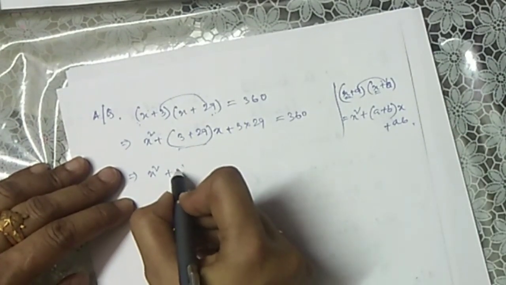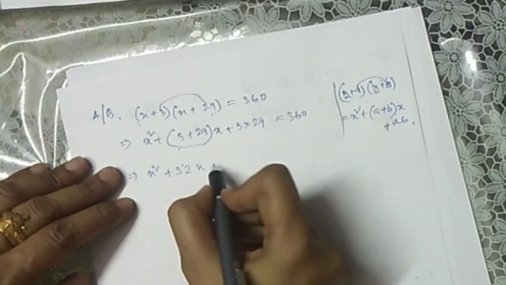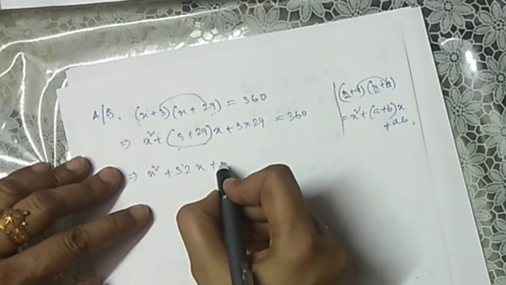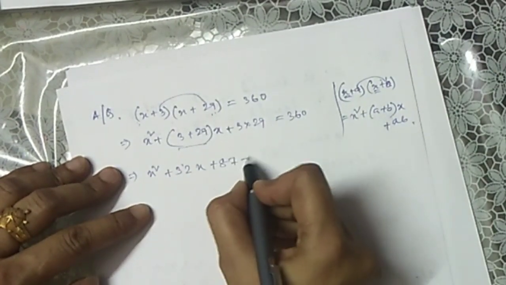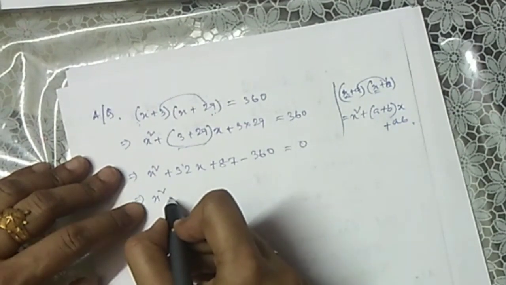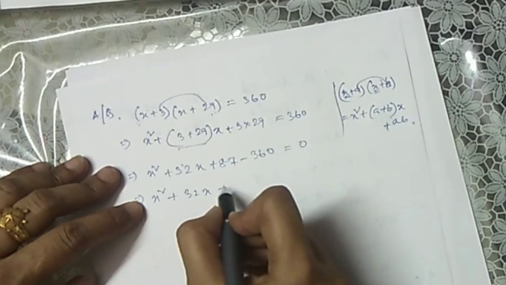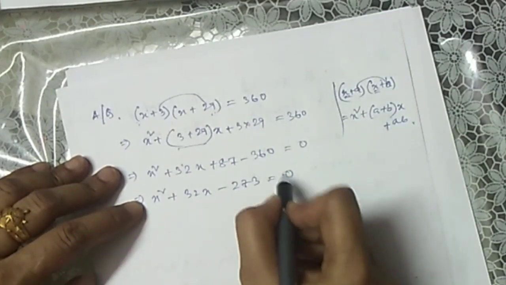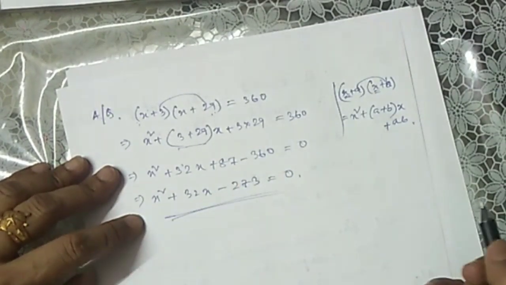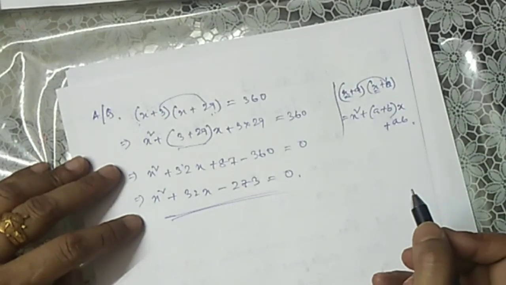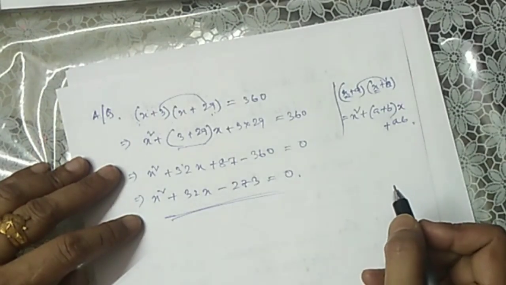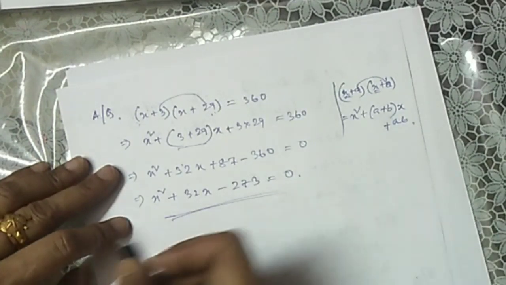So it will become plus 87, this 360 you shift here, x square plus 32x minus 273. This is the required quadratic equation for getting the ages of both of them.